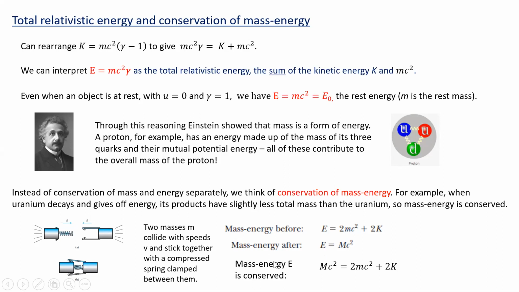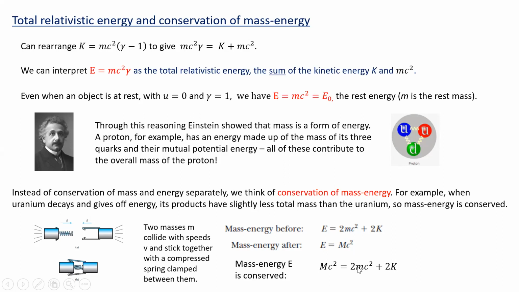But the mass energy E is conserved, right? That's what we've said. The mass energy is the new conserved quantity. So we have the total relativistic energy afterwards, Mc squared, equal to 2mc squared plus 2k.